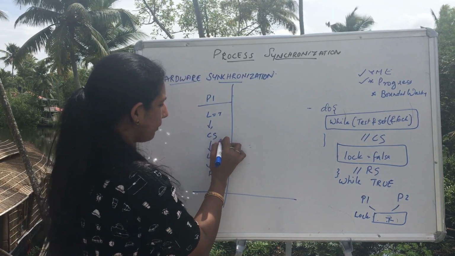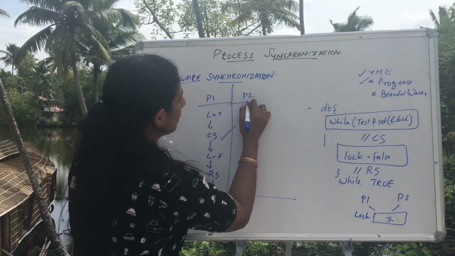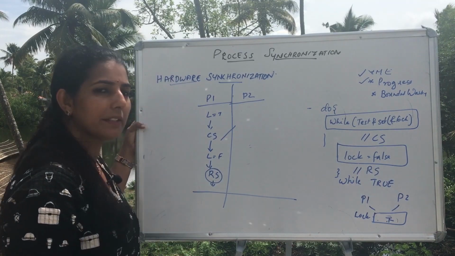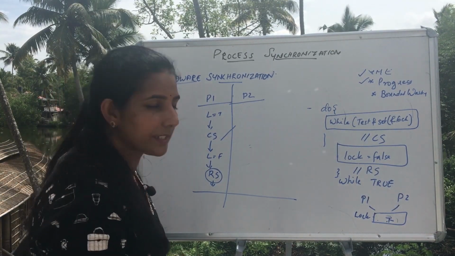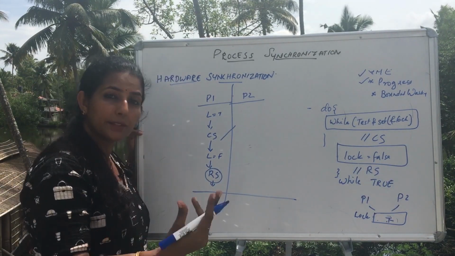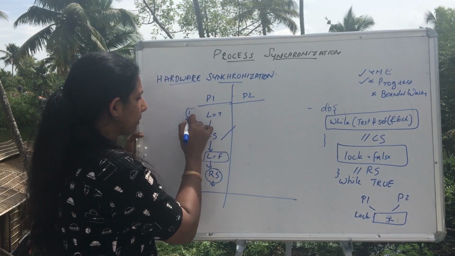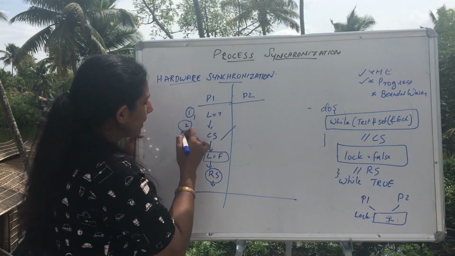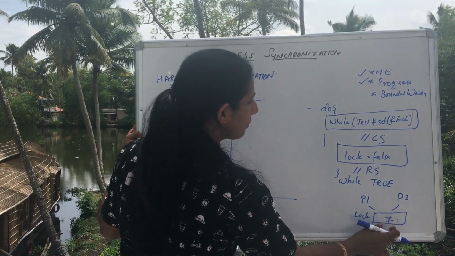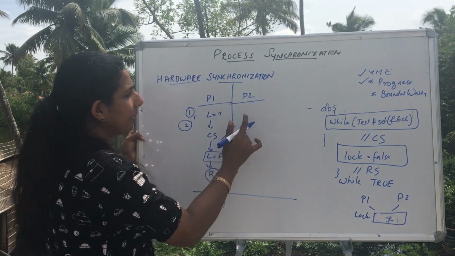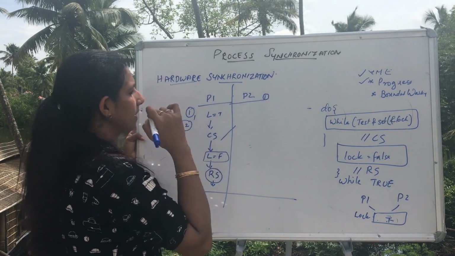So when this is performing the critical section, let me say P2 wanted to enter into the critical section, but when P1 reaches the remainder section, it says that it wants to again participate in the critical section. Can it do so? Yes, because whenever it is checking for the second time, this was the first time, it checks whether the lock is false. Yes, lock is false, set it to true, go for the critical section. P2 will be waiting for the first time.